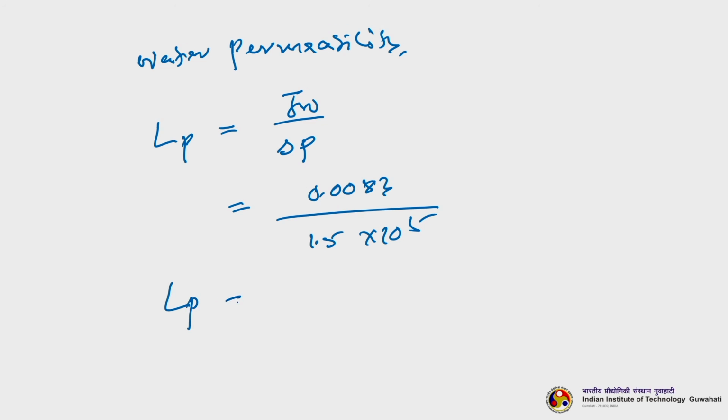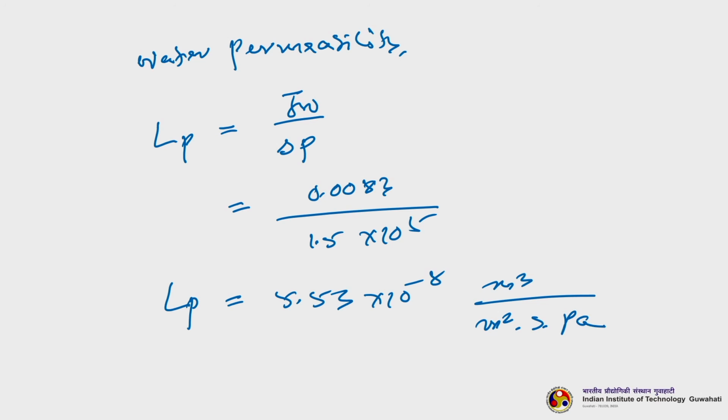So, here LP we get 5.53 into 10 power of minus 8. The units are meter cube per meter square second Pascal. So, this is the water permeability. You see, this is a very small problem actually. This is how we can calculate the water permeability, tortuosity factor as well as the resistance to the flow offered by the membrane using the classical Hagen-Poiseuille equation.